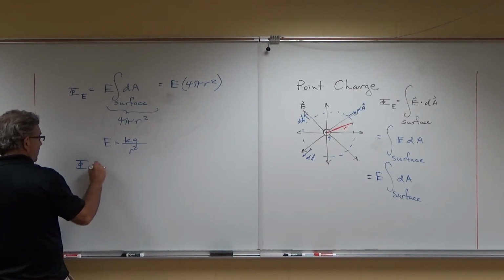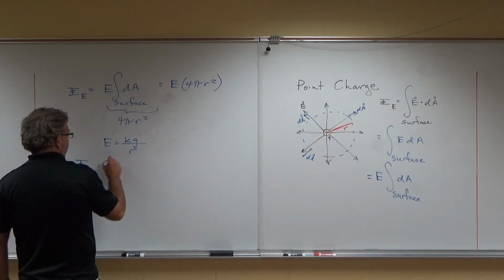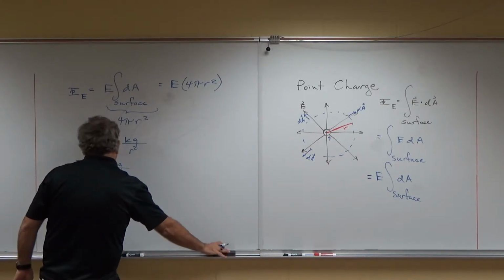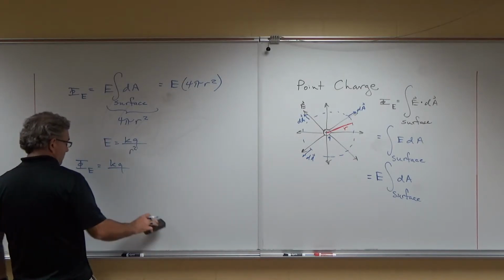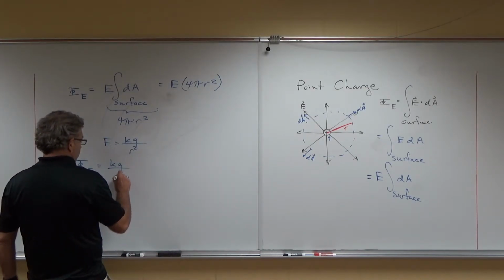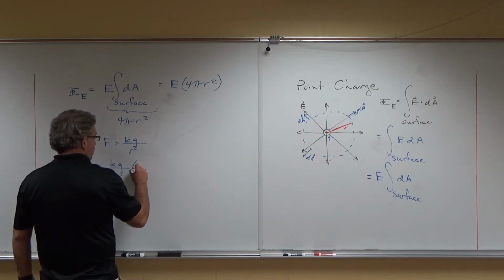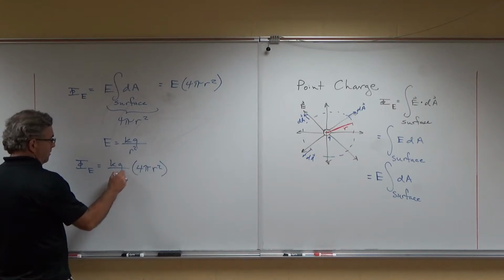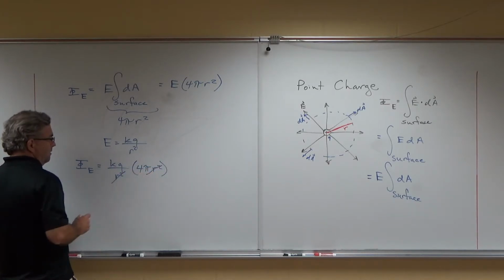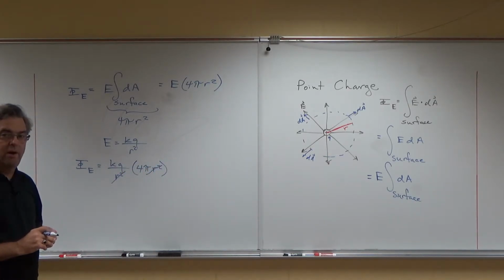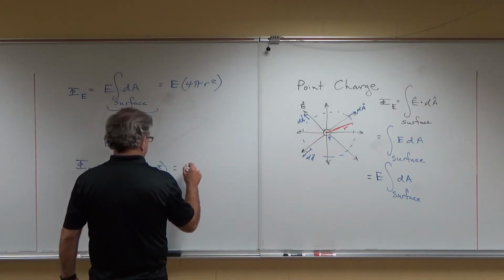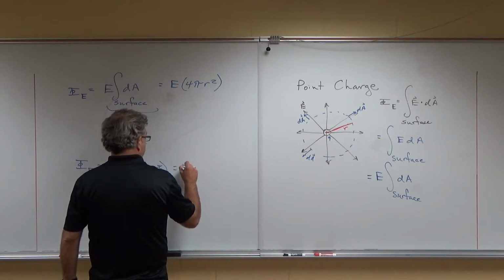Phi sub E is equal to KQ over r squared times 4 pi r squared. Look what happens. The r squareds cancel, and this is equal to 4 pi KQ.